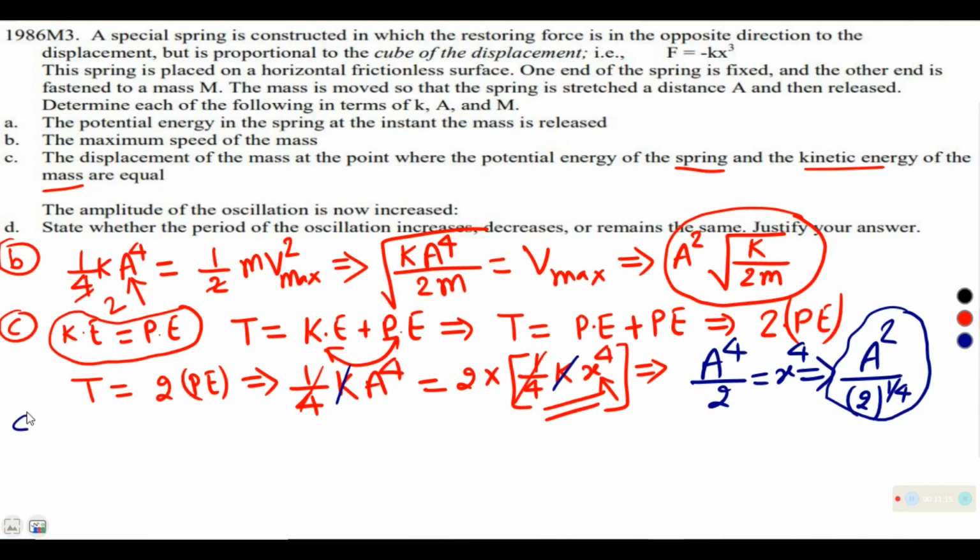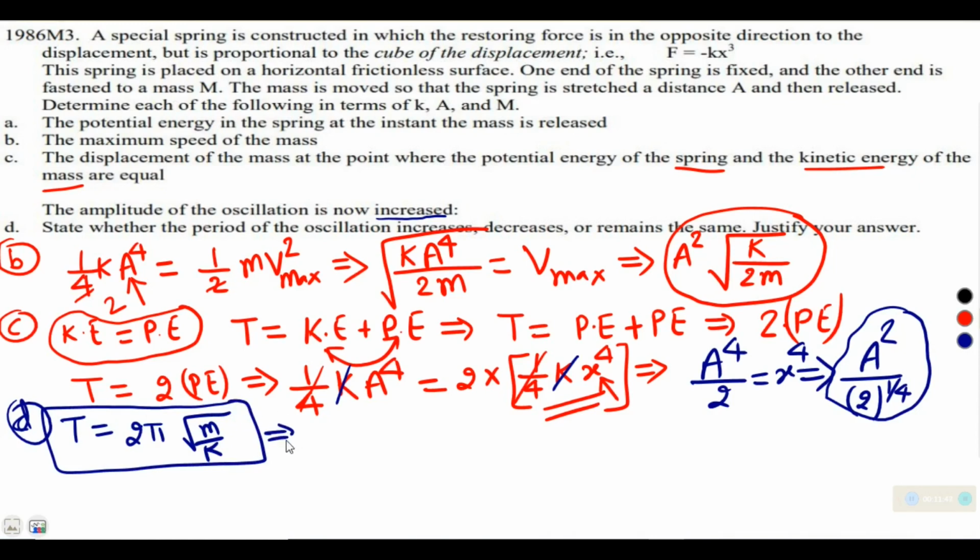Let us see part D. The amplitude of the oscillation is now increased. State whether the period of oscillation increases, decreases or remains the same. See friends, in general we know the time period T is equal to 2 pi under root m by k, and in general this time period is independent of amplitude.